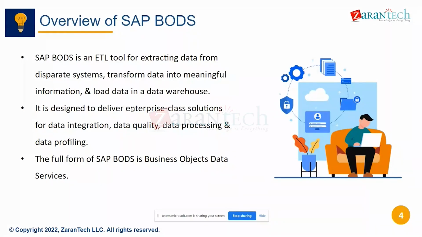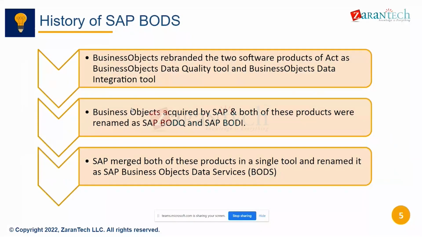Okay. I told you there is some little history about BODS. Initially, Business Objects was a separate company with two products: Business Objects Data Quality and Business Objects Data Integration.